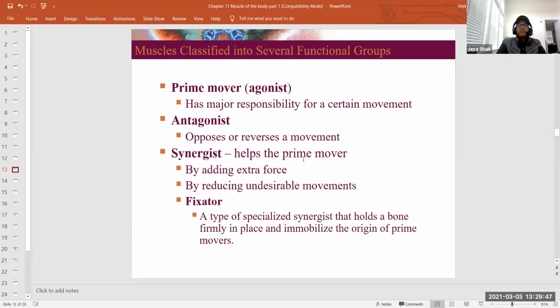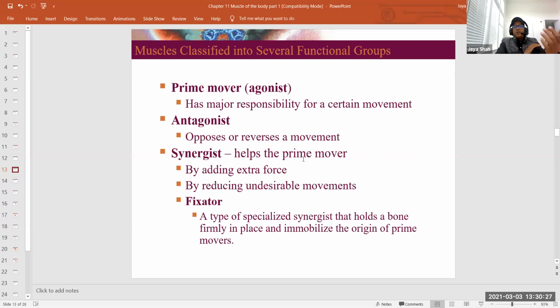Muscles with opposite action lie on the opposite side of a joint. Based on the action and interaction of the muscles, we can divide muscles into several functional groups: prime mover or agonist, antagonist, synergist, and sometimes a special synergist is also called a fixator muscle. The prime mover or agonist is the major muscle responsible for a certain movement.